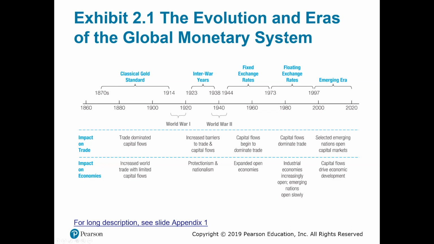Now, as you can see from this chart, we had a fixed exchange rate from 1944 to 1973. So what happened at the beginning of the 1970s?